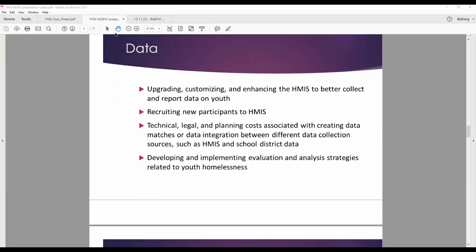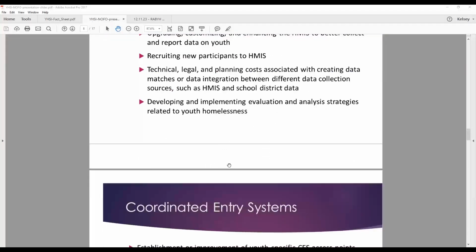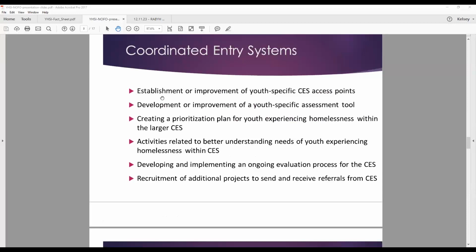Data-wise, you can fund upgrading or customizing your HMIS to better collect data on youth experiencing homelessness. You can coordinate with other systems of care that have other forms of data collection, like schools, and develop and implement evaluation and analysis strategies related to youth homelessness. Coordinated entry: you can establish or improve youth-specific coordinated entry access points and develop your coordinated entry tool so that it is better serving youth.